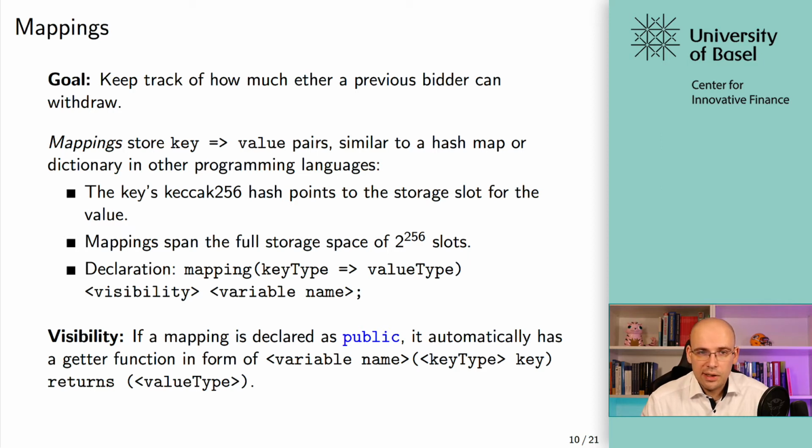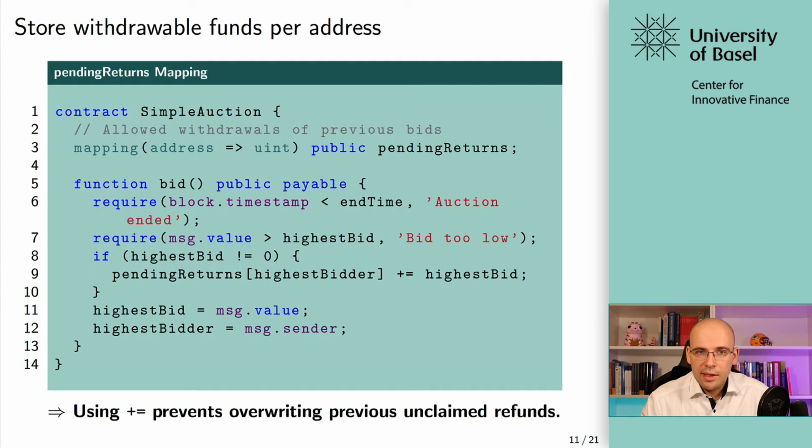With the getter function, you have to provide the key, and then you will get back the value type. In our case, you add the address, and you can see how much ether this address can still withdraw. So let's implement that really quick.